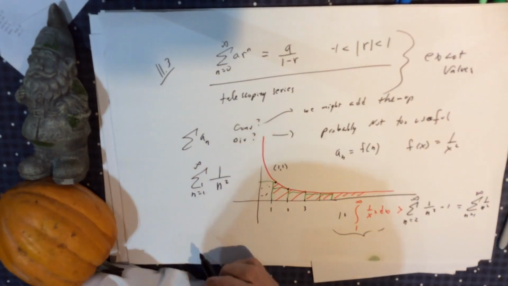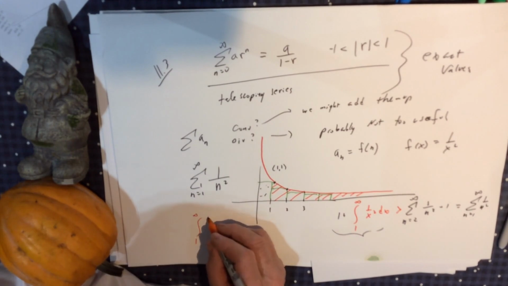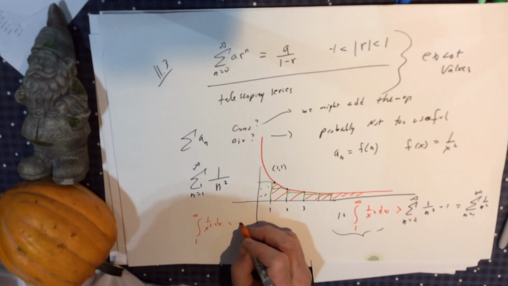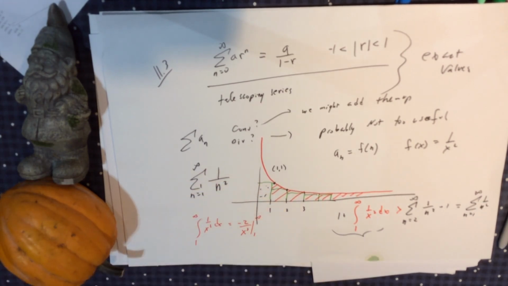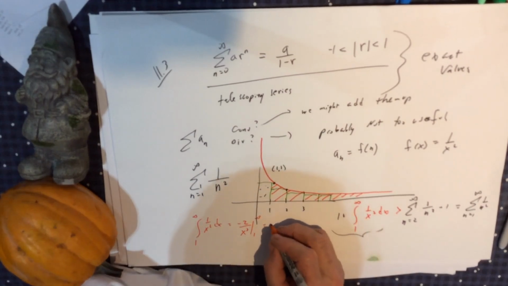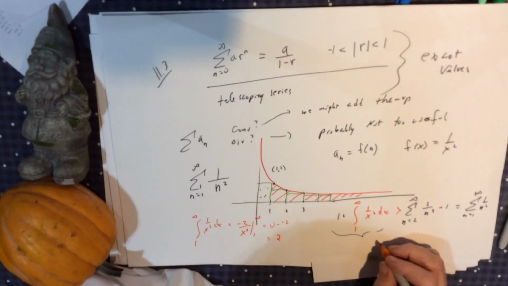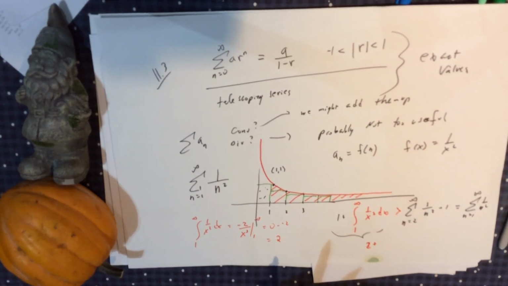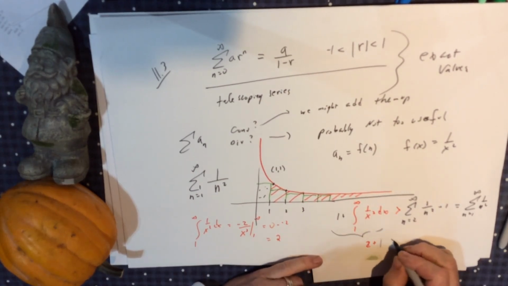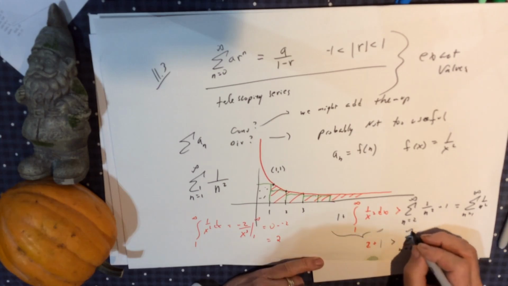Sure, let's do this. Off to the left here, we're going to do the integral from 1 to infinity of 1 over x squared dx, which is minus 1 over x, evaluated from 1 to infinity, which is 0 minus minus 1, which is 1. So 1 plus 1 is greater than the value of our series.